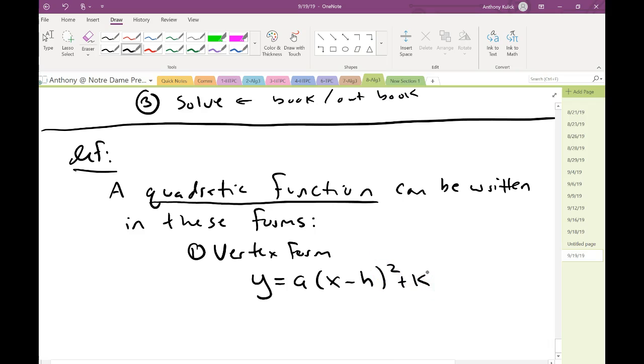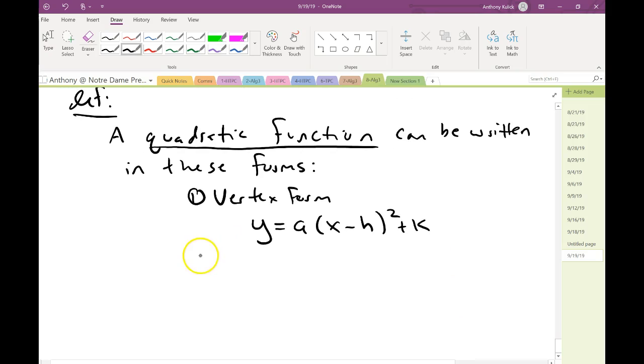So a quadratic function can be written in any of these forms. The first form is called vertex form. That's y equals a times the quantity, x minus h, quantity squared plus k.